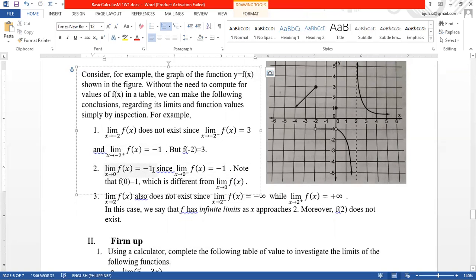So atong i-conclude that the limit of f of x as x approaches to 0 is equal to negative 1. Basta equal ang from the left ug ang from the right.